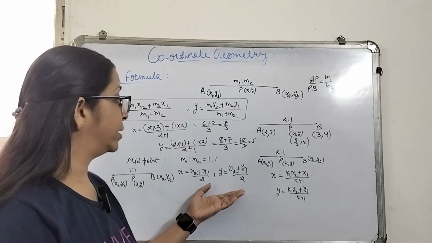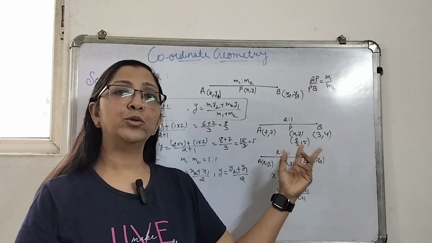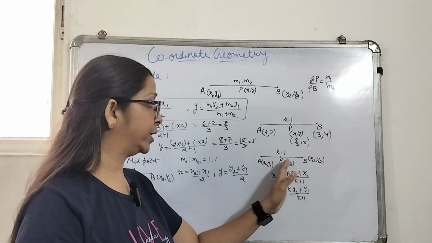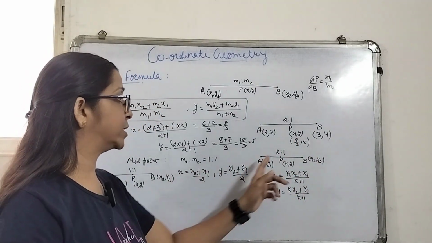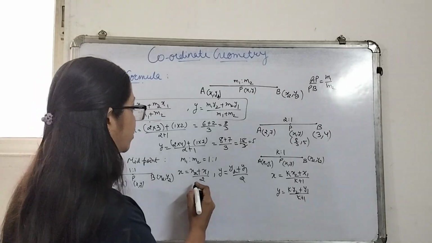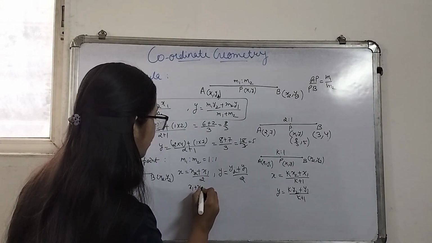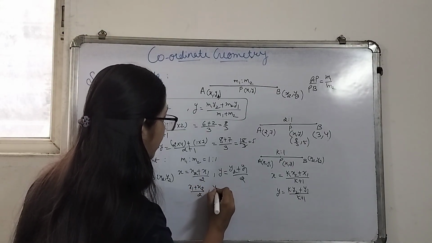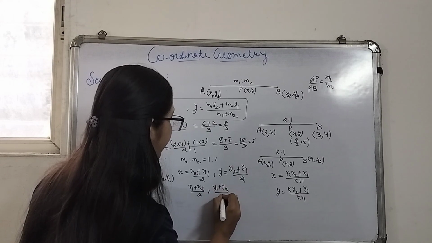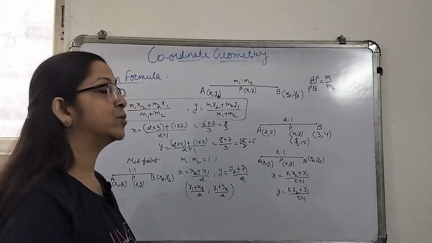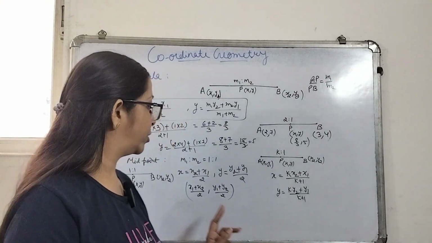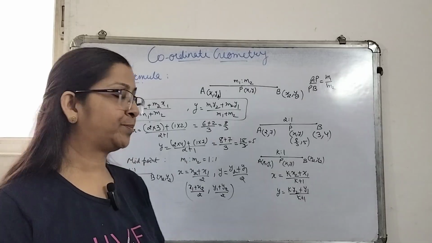That means when a point divides the segment into two equal halves, the coordinates of the midpoint will be ((x1 plus x2) by 2, (y1 plus y2) by 2).